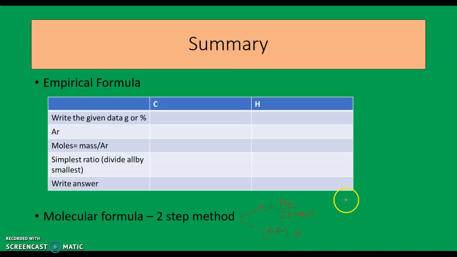So this is molecular formula from empirical formula. If you have to find empirical formula from molecular formula, then you just have to simplify. You literally have to divide the molecular formula numbers by a number that would simplify the formula. So this is a summary of what we've looked into in this video. It was all about empirical formula and molecular formulas.